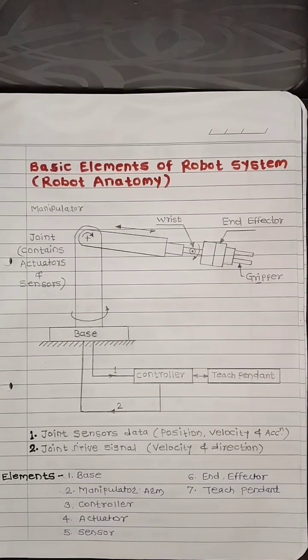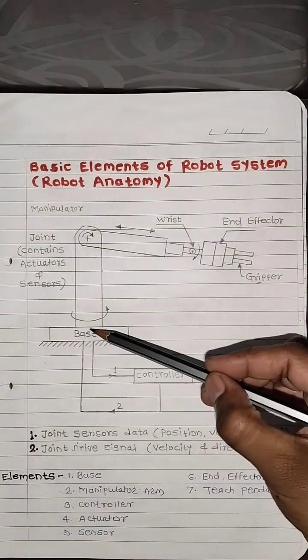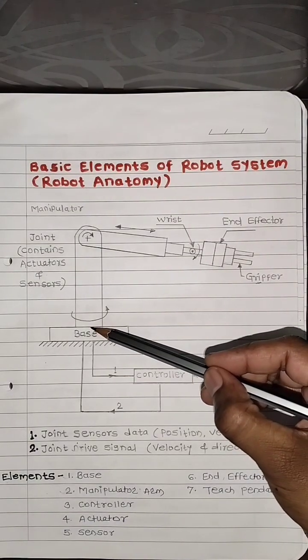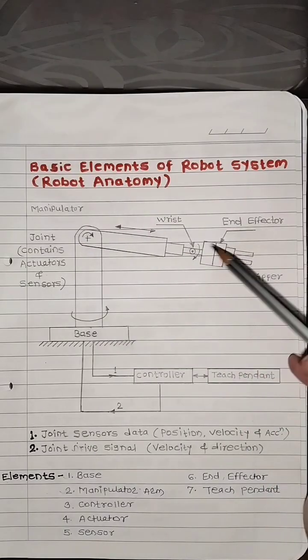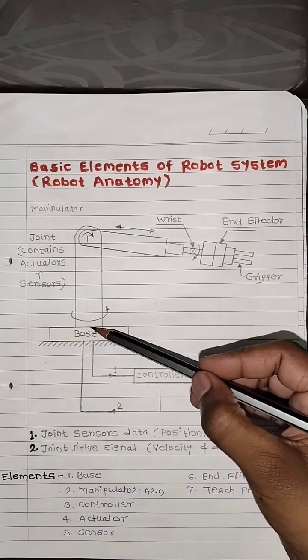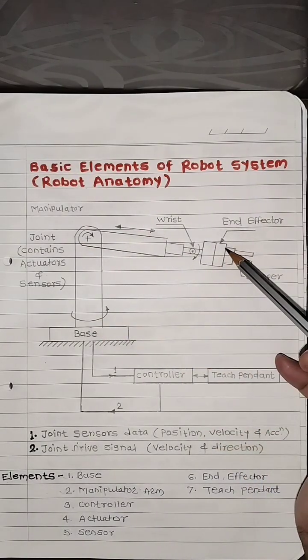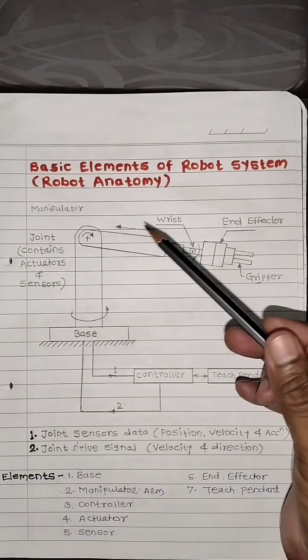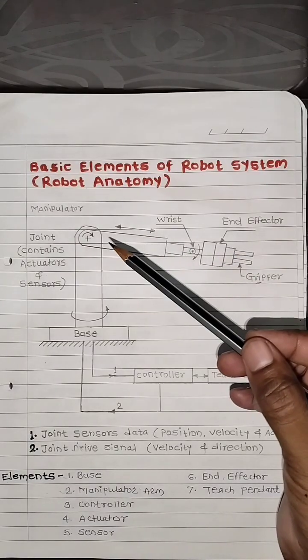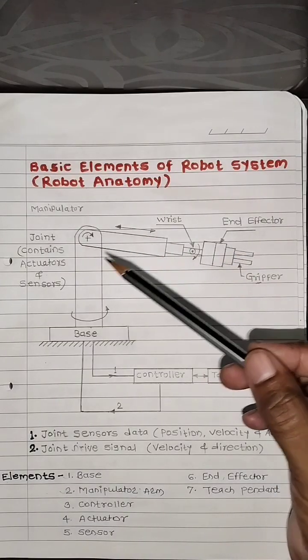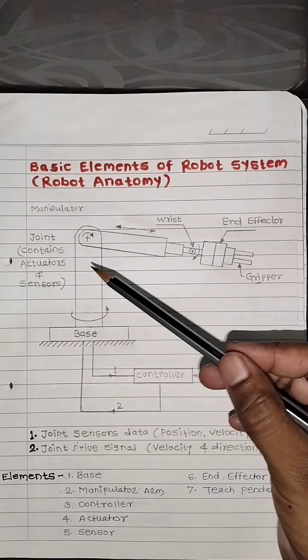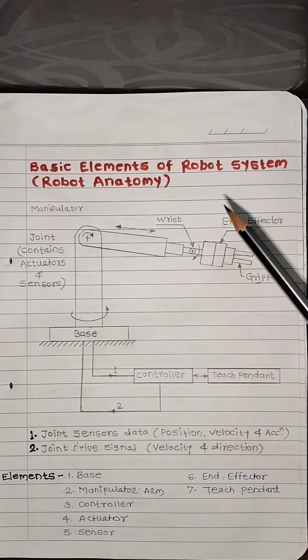The manipulator starts from above the base and ends at the end effector. This manipulator contains various joints, and joints also contain actuators and sensors inside. A manipulator provides support to the gripper, or what we can say the end effector.